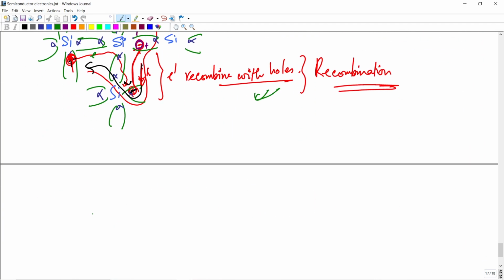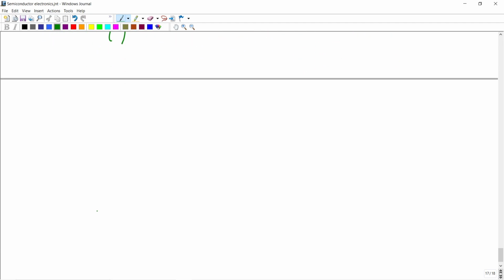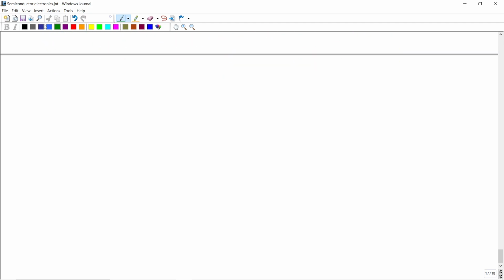So that's the extrinsic semiconductor. The extrinsic semiconductor is an impure semiconductor.